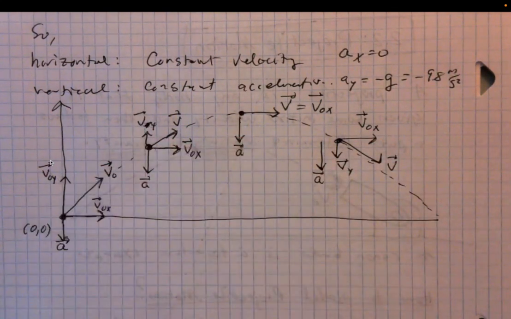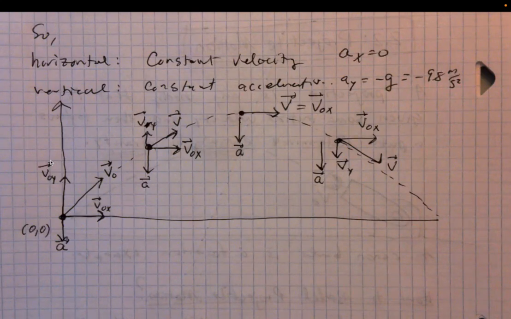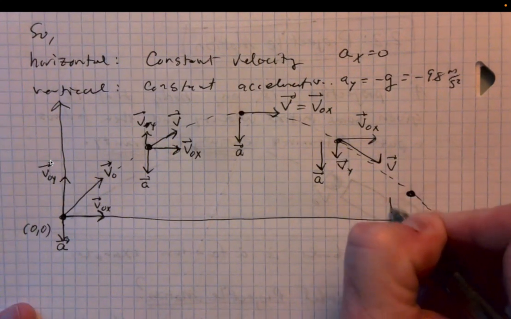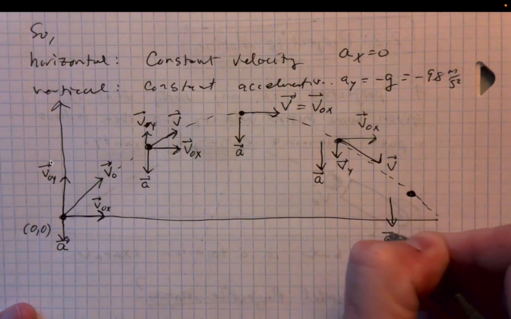I shouldn't be denoting that as v naught y. So our y component of velocity has now changed directions and is in the direction of the acceleration, right? So our acceleration and velocity directions are aligned, so that means this thing is going to continue to speed up, right? And that's just going to continue until the thing hits the ground.